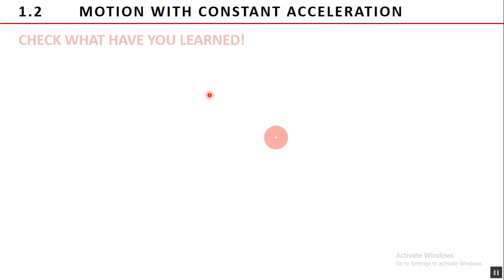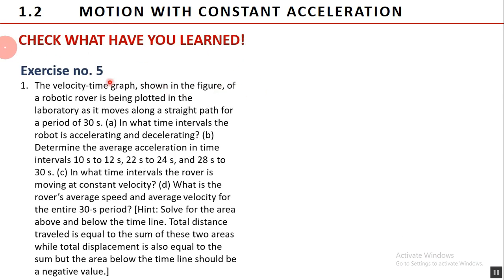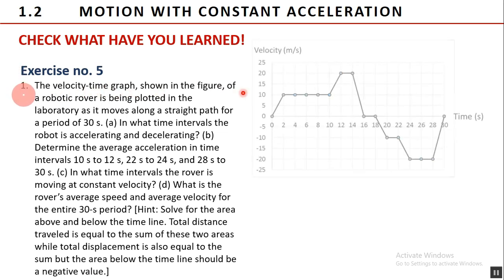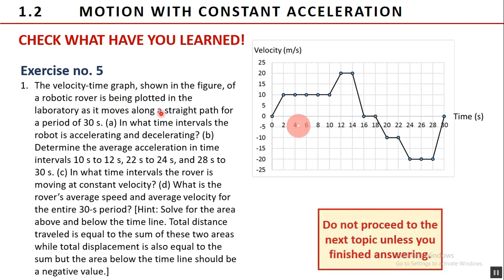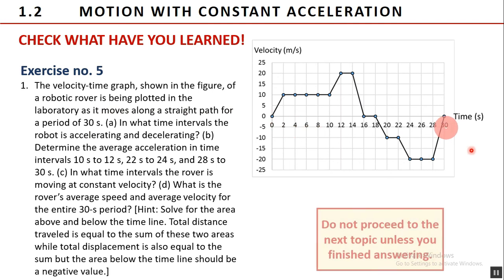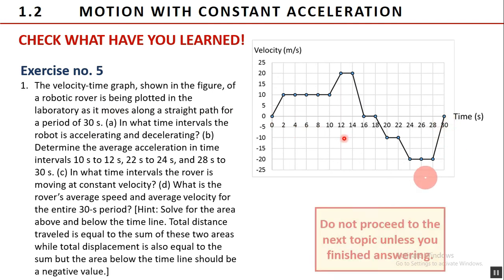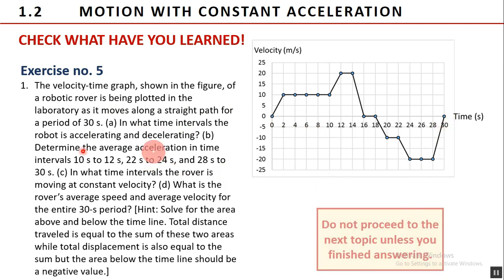Now let us again check your understanding by answering the following exercise. Exercise number 5. The velocity time graph, shown in the figure, of a robotic rover is being plotted in a laboratory as it moves along a straight path for a period of 30 seconds. Letter A. In what time intervals is the robot accelerating and decelerating?